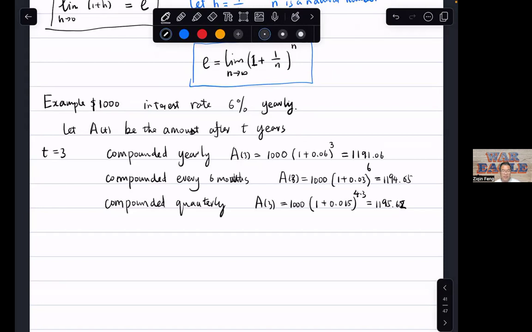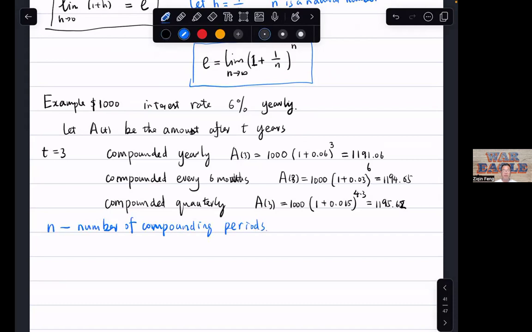Now let's try to get a general formula for this. Let's assume n here to be the number of compounding periods, right? If you have annually, let us say n is 1, and every 6 months, n is 2.